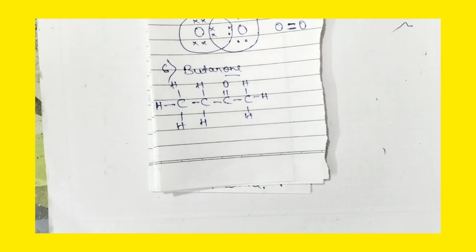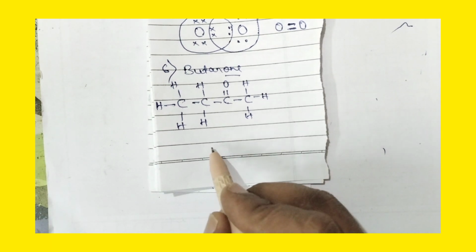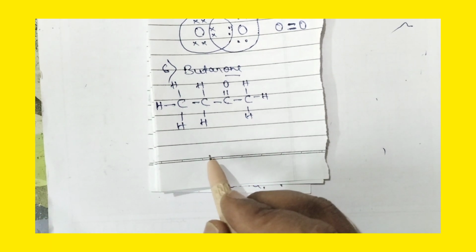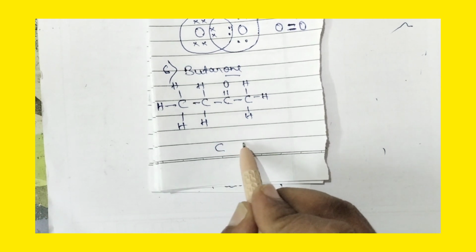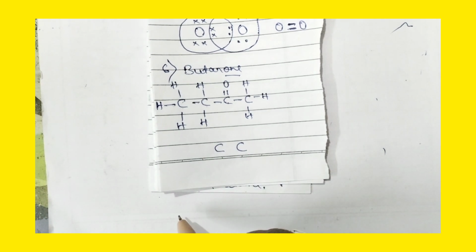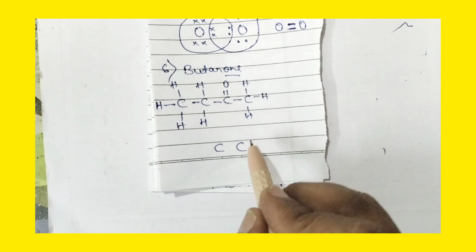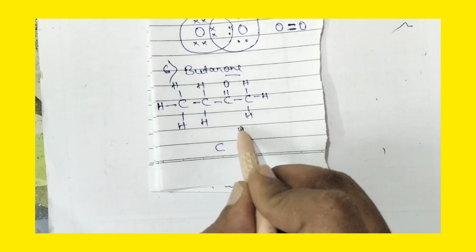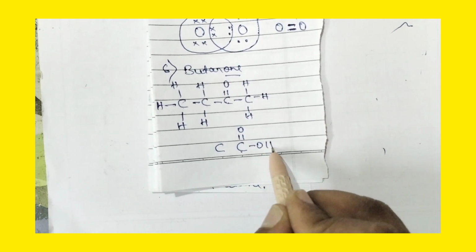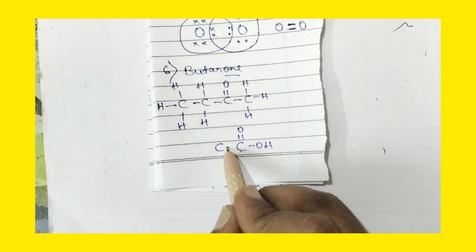Now let us write for ethanoic acid. Eth means we have to write 2 carbons. Oic acid means its functional group is COOH: single bond C, double bond O, single bond OH, then a single bond.